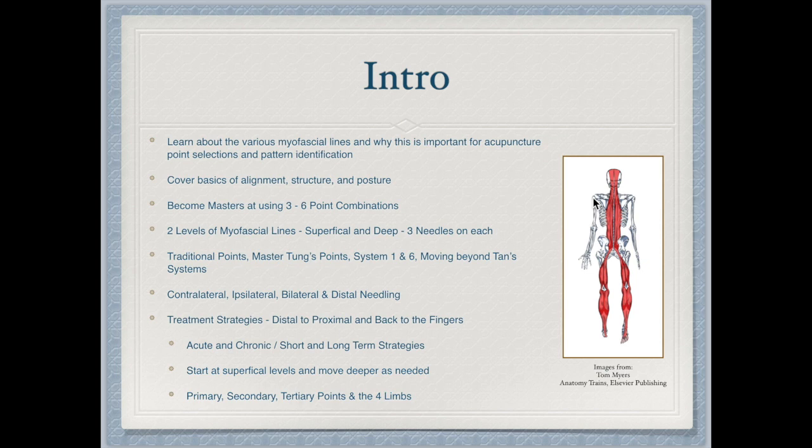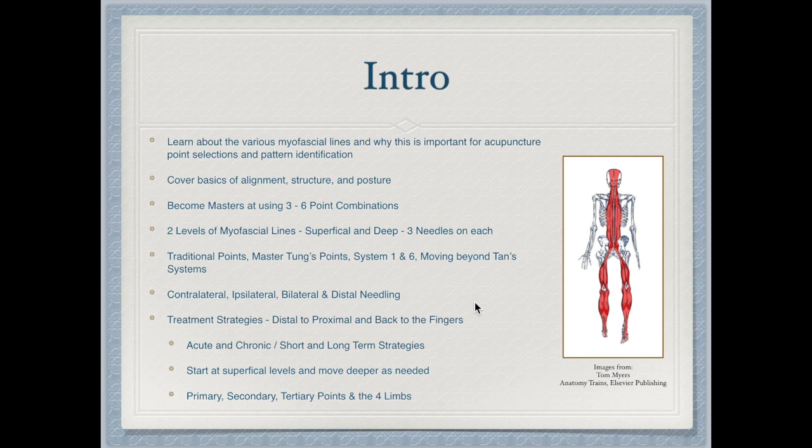This has been confirmed by medical research: contralateral needling on the opposite side is effective because it is able to produce neurological responses at the same spinal level. There's a lot more that could be said about that, but I'm going to leave it there for now. Just know that needling on the opposite side is an effective method of treatment that's been confirmed by research, and it's also something that they use extensively in the Master Dong system.